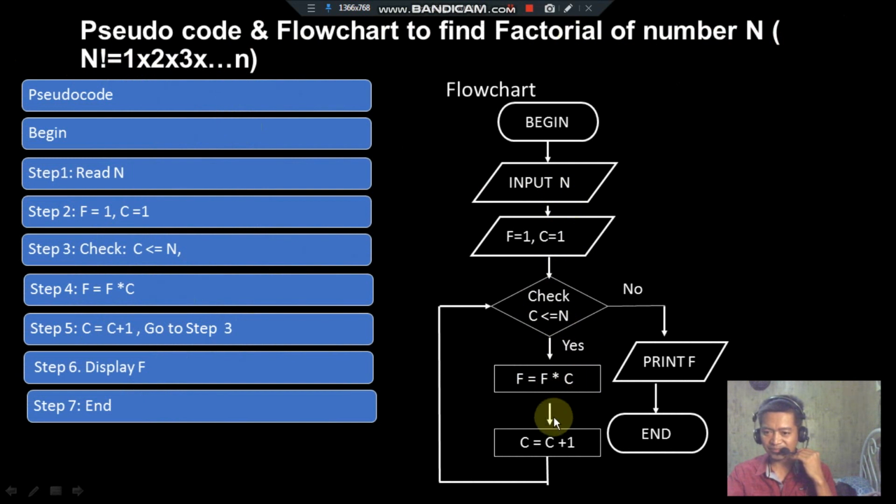So, 1. Increment 2. Galing dito. 2 less than or equal to 3? Yes. So, ang counter natin 2 times yung updated value ng factorial dito, 1. So, 2 ang sagot. So, 2 na ang value ng factorial.